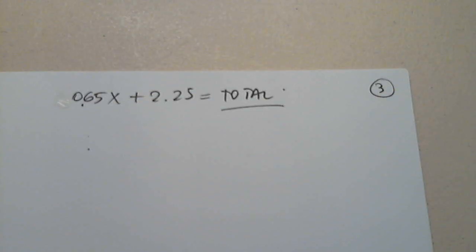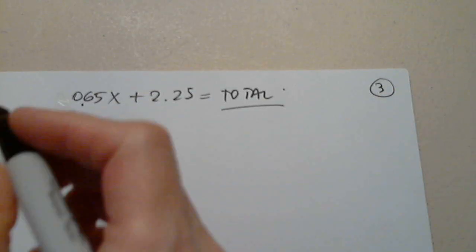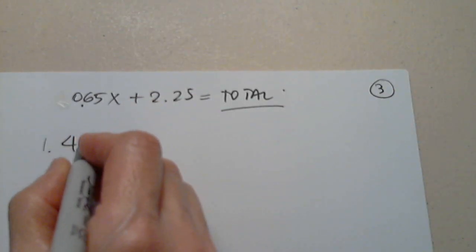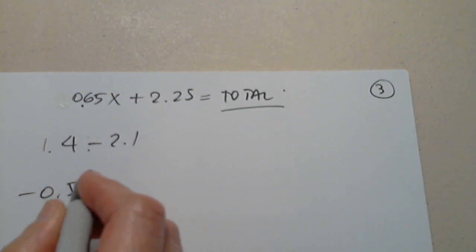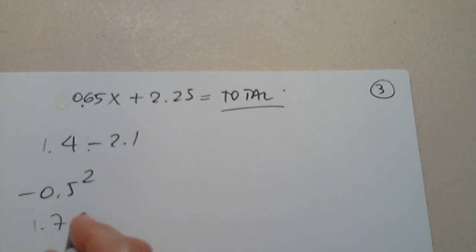Perform the following calculations. So we are asked to find 1.4 minus 2.1, and then negative 0.5 squared, and then 1.7 plus 0.3 times 0.5. Okay, so let's work on this before we move on.